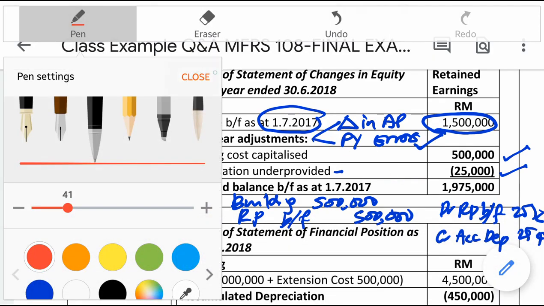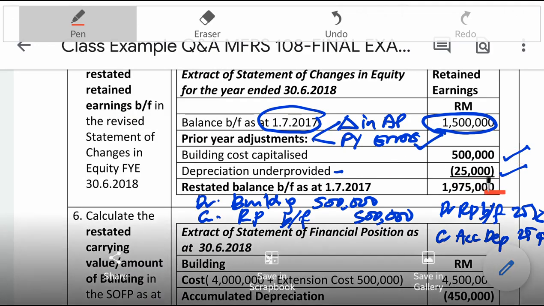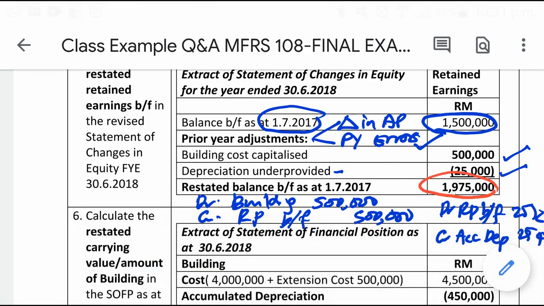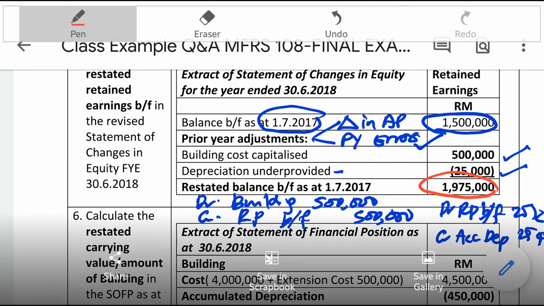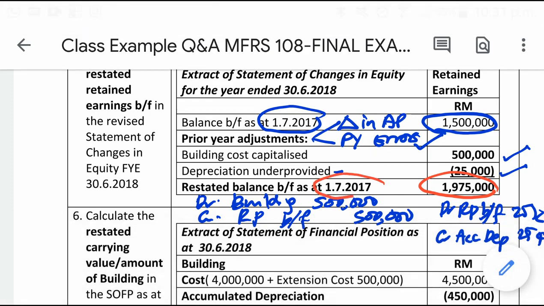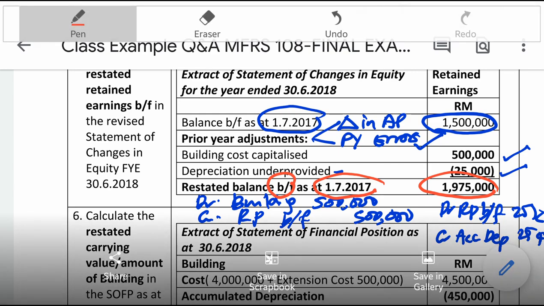The balance here, meaning that the balance has been adjusted, and this is the balance that you will carry forward to the beginning of 1st of July. Brought forward, actually, that is the one that you brought forward.